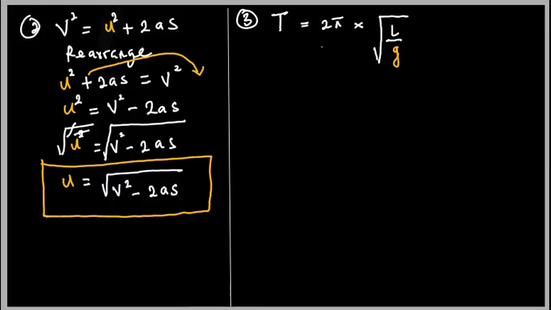You can choose to do it in 2 ways, either by multiplying by the reciprocal of 2 pi, that is 1 over 2 pi.